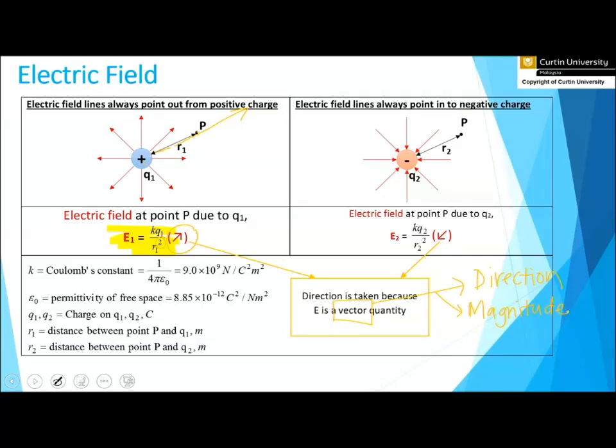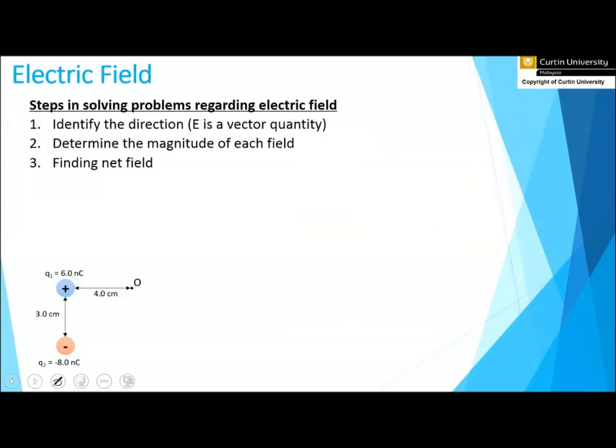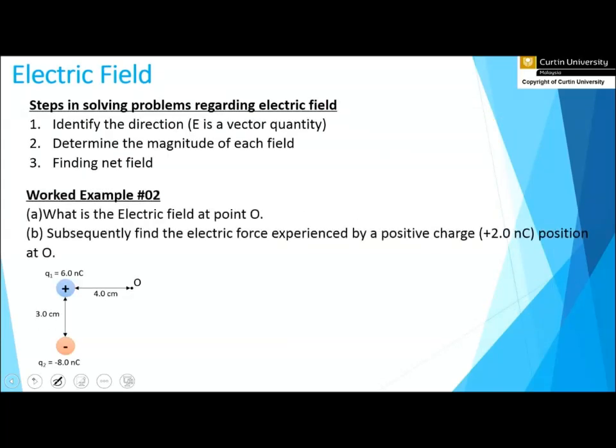Okay, so same for your negative charge. Because electric field for negative charge is always going inward, at this point P, the direction of the field is going diagonally downwards. So the steps for solving problems with electric field is the same as electric force. Start with direction, because it is a vector, followed by the magnitude, and lastly, only you look for the net field.